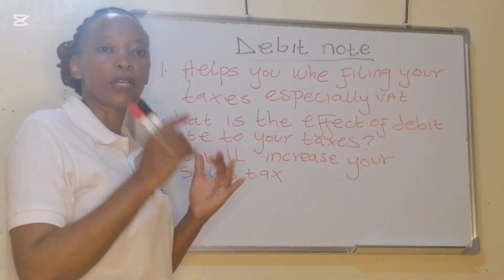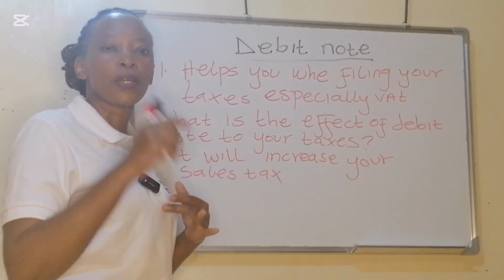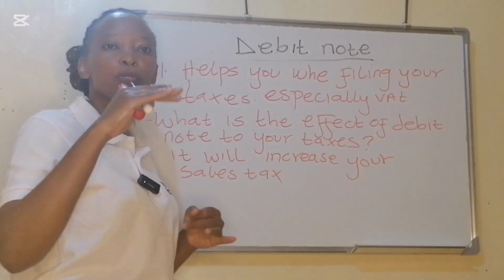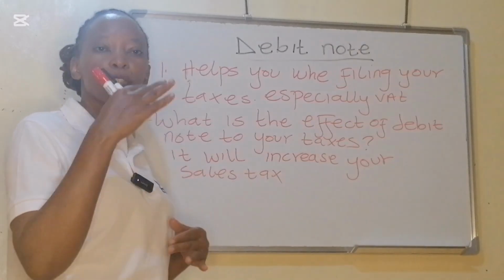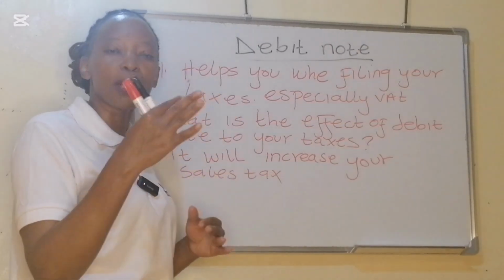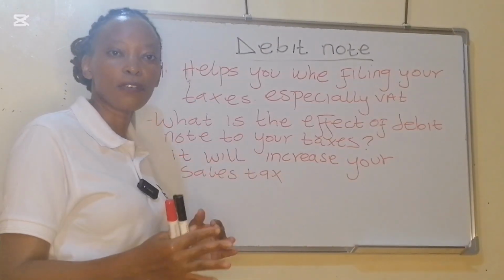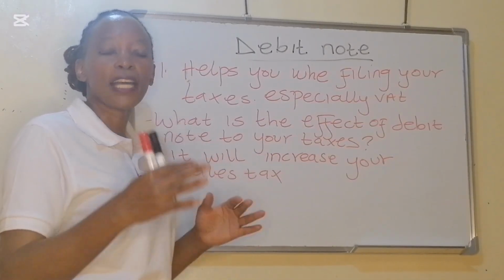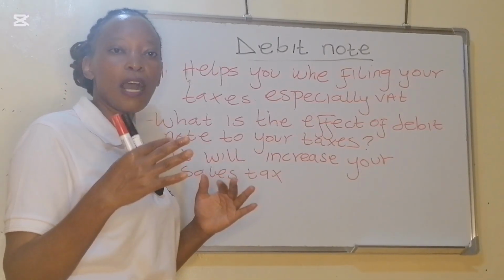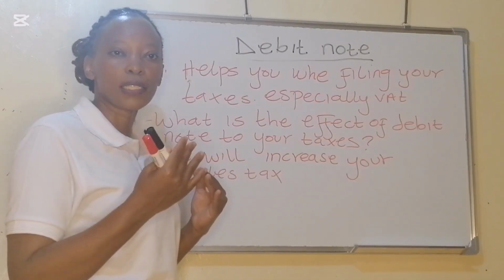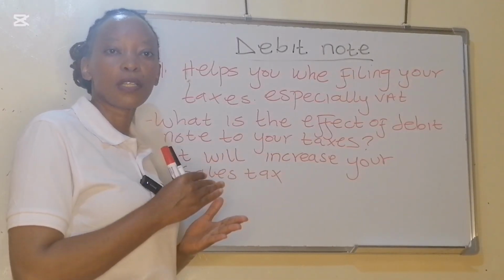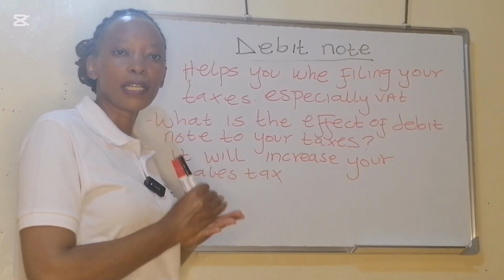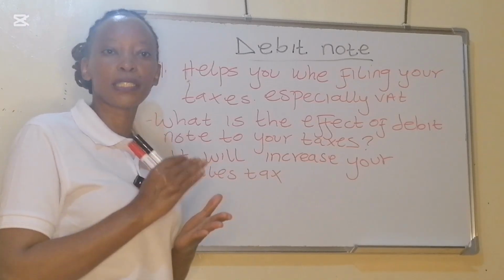It will help you when you are doing your internal audit and external audit. It will help you trace your transactions. It will help you solve customer disputes. You are able to defend yourself because you have the document. We don't rely on memory. Our memory sometimes will fail us, so it's good you keep your documents safely.